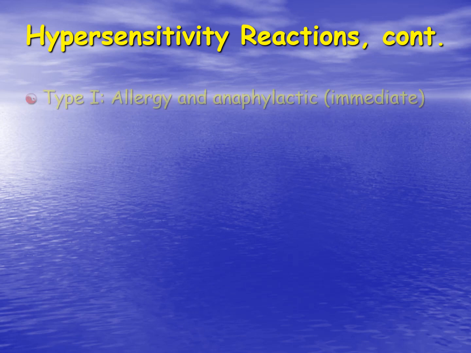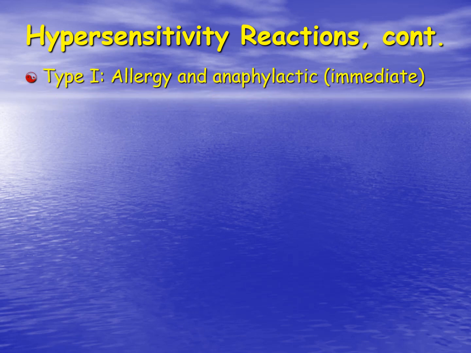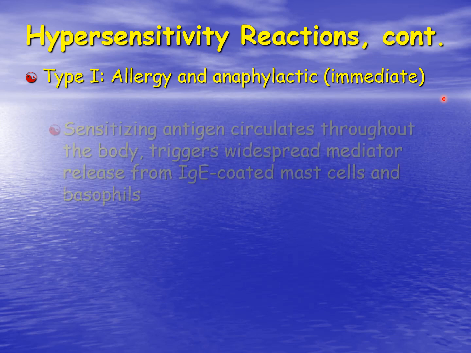So, type 1 hypersensitivity reactions, as I said, are primarily going to be allergy and anaphylactic reactions. Again, these are immediate type reactions. They typically occur within seconds to only a few hours after exposure to the allergen.